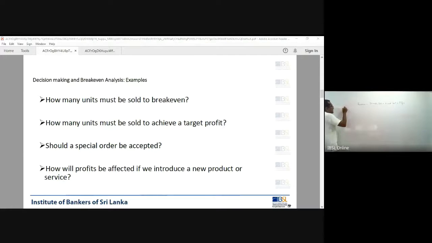See, the P&L: revenue, direct cost, which is raw material, labor, electricity. We call the total of this cost of goods sold or direct cost.